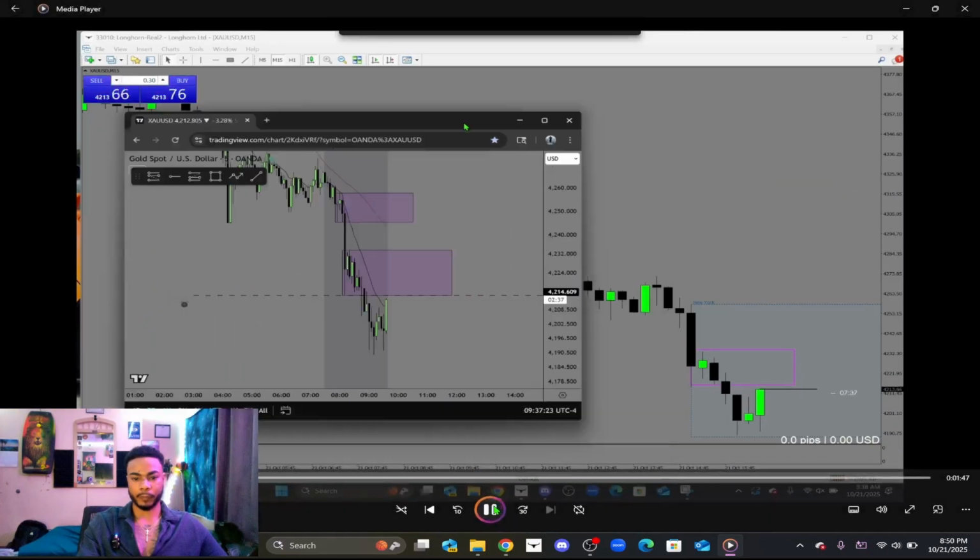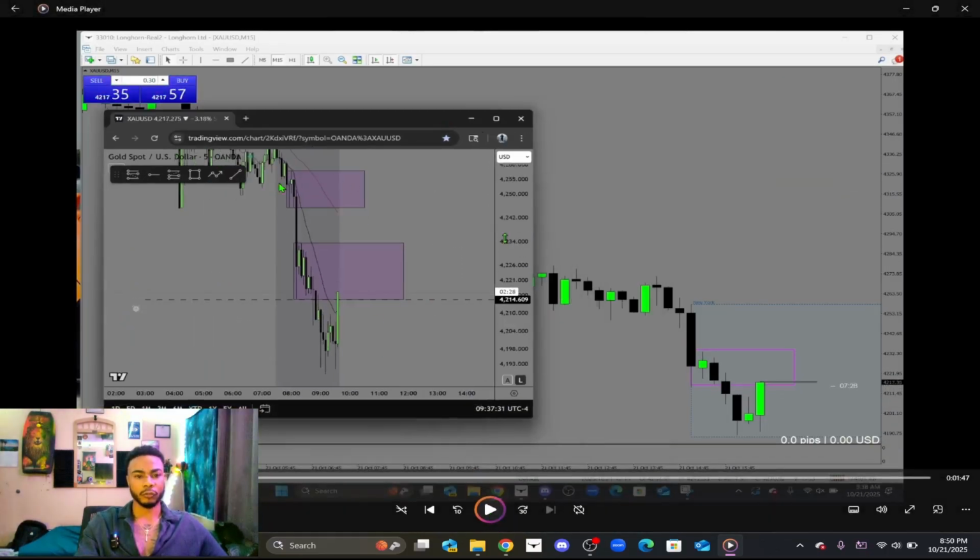Okay, so right here, you can see I drew. This is my TradingView. You can see right here, I have the supply zone on the 5-minute, and this is the 15-minute supply zone that you can see over here on my TradingView. The 15-minute is on the MetaTrader 4, and the 5-minute is on the TradingView that you can see over here, where more candles are at.